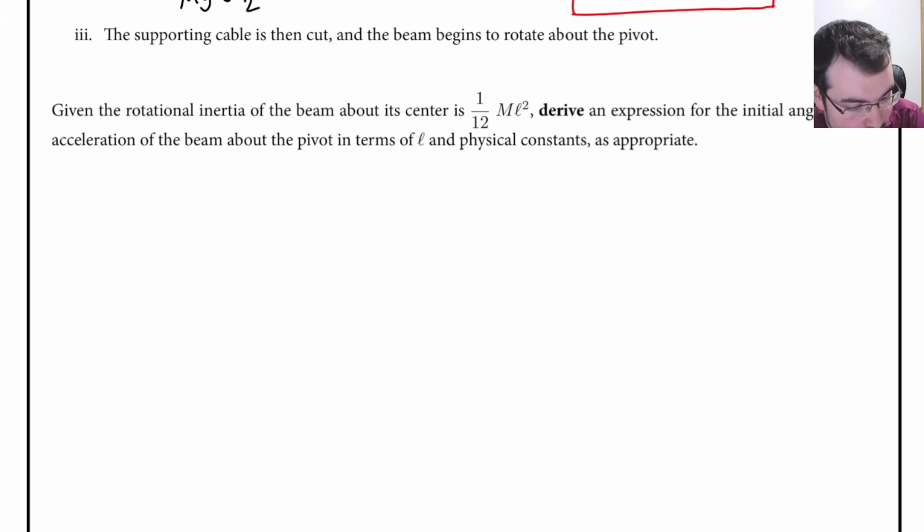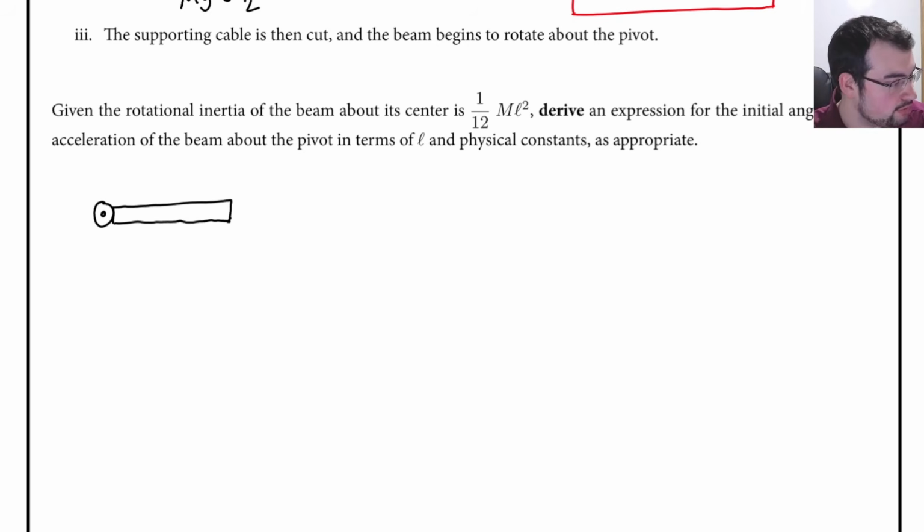So this means we cut the cable. So we have this picture now where there's no cable force, but we still have our mg pulling down at the center. And it says initial because if this beam starts to rotate this way, mg is not going to be perpendicular anymore, and we have to do some math there.